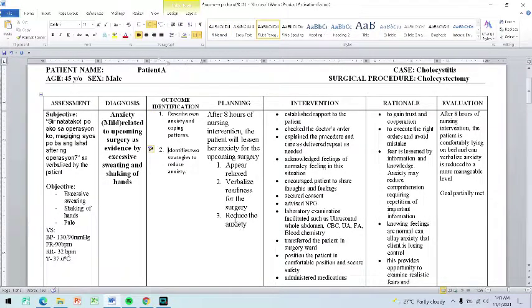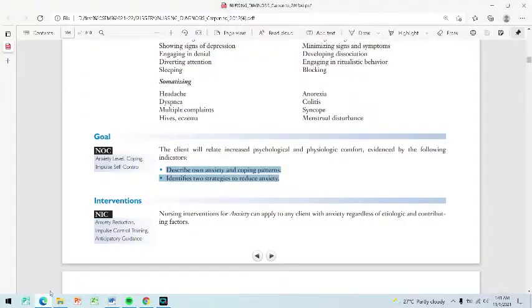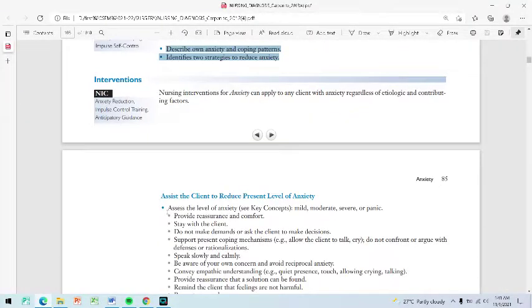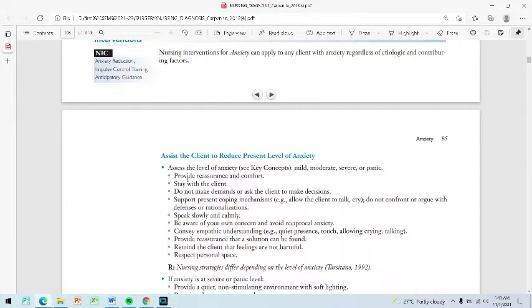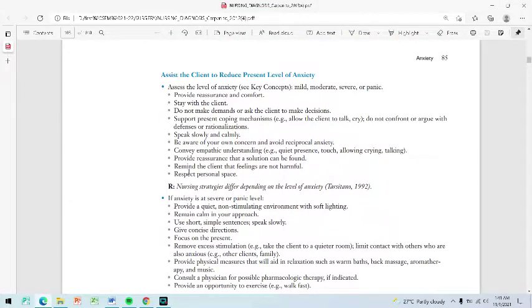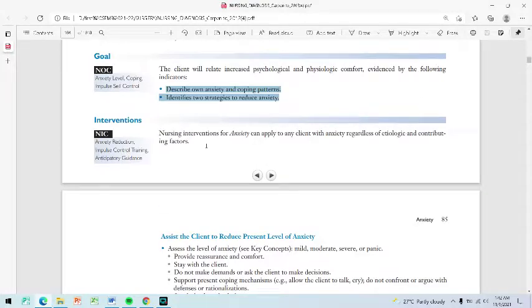But you could put a lot of things here if we look at our nursing intervention. There are a lot of things that we could provide based on the nursing interventions presented in the Nanda.